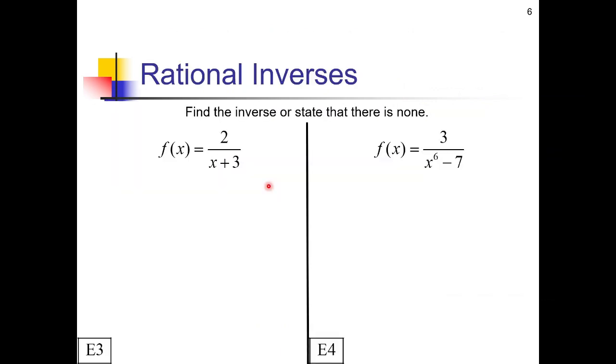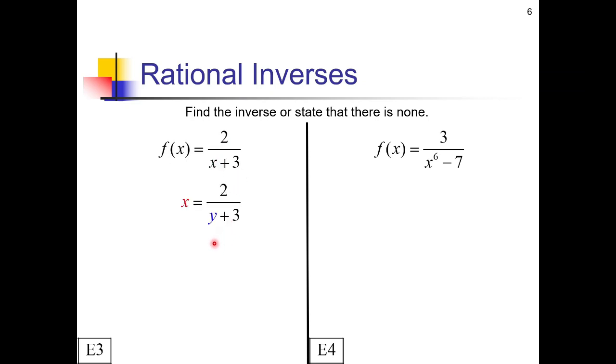Now that we've learned a technique for getting things out of the denominator and solving, see if you can find the inverse of example 3 here. All right, so just to review, to find an inverse, we have to interchange the x and the y value. So I'm going to rewrite this as x equals 2 over y plus 3.